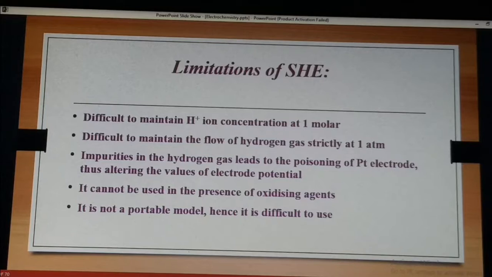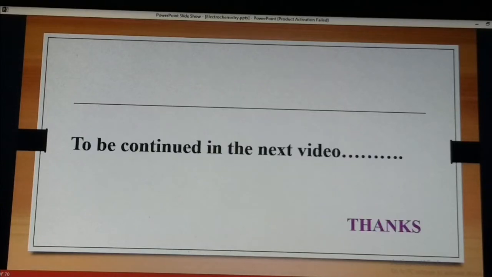So, we need some other electrode which can replace the standard hydrogen electrode. Therefore, we will study the secondary reference electrodes which have taken the place of standard hydrogen electrode in day-to-day practice. Thank you very much.